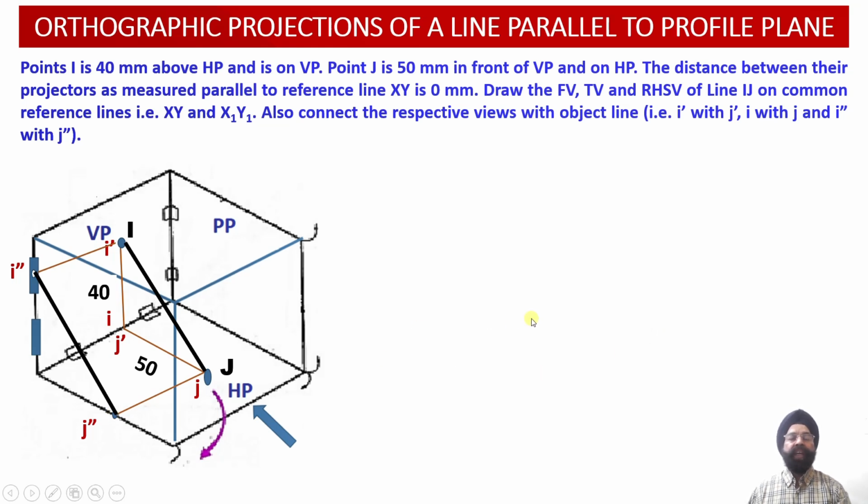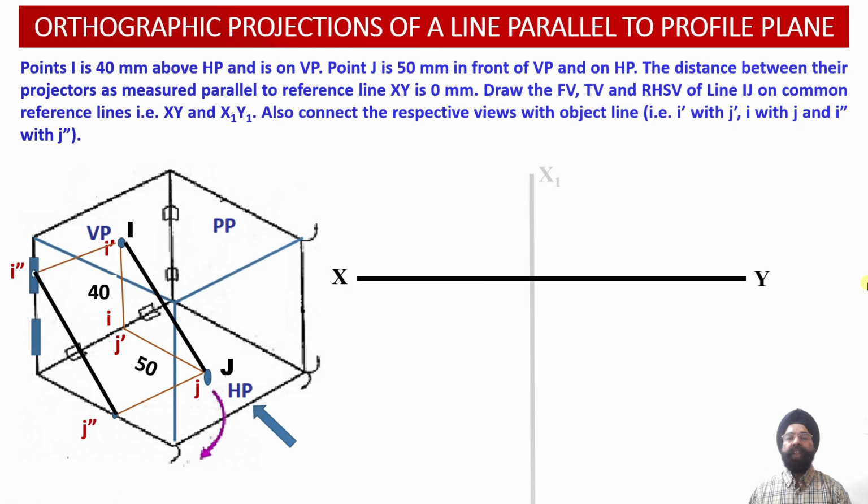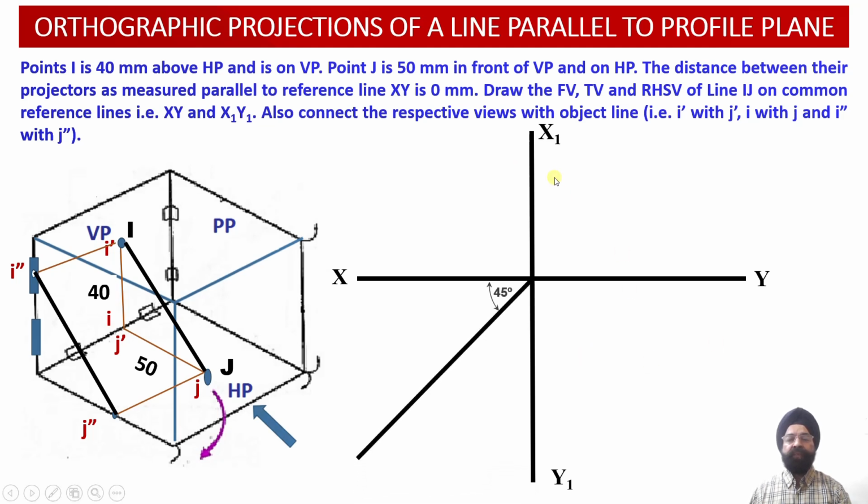So this way we have completed the discussion of the spatial location of these 2 points I and J in the 3D environment with reference to the horizontal plane, vertical plane and the profile plane. Now let us proceed with the construction of the orthographic projections of this line IJ, which happens to be parallel to the profile plane. Here we have the front view projections.